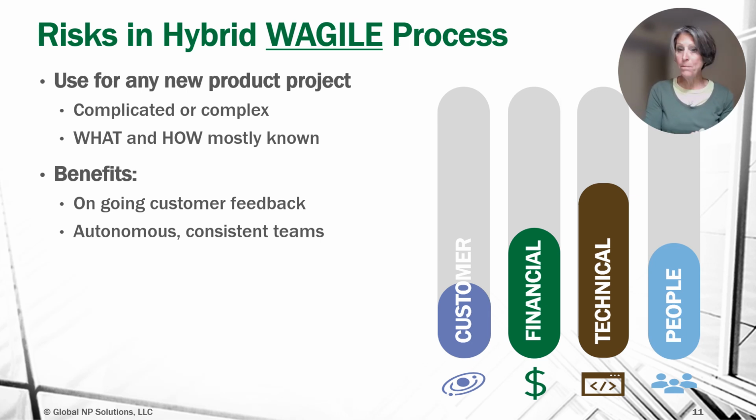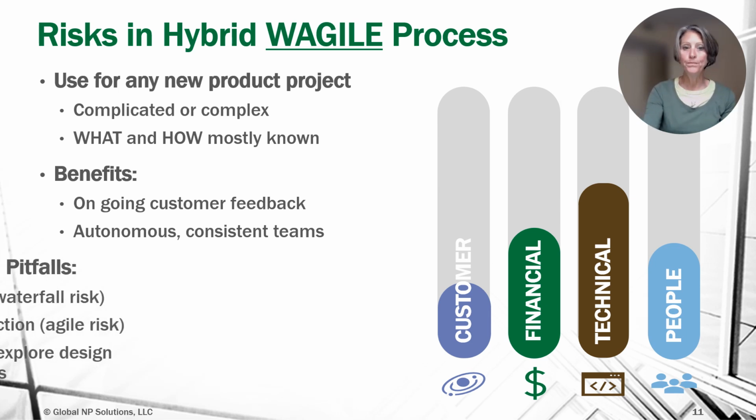There cannot be a gate pass to that next stage of work without real customer feedback. So that gives us a little bit lower risk from the customer standpoint. And we have a fairly low risk on the people side because our teams are autonomous and consistent. So the same group of people start the project and work through the project to the end.